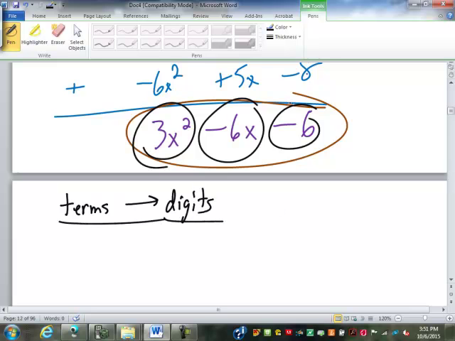Each of them has a degree. And the degree is the power of the variable, the power of the place value. For example, the 3x squared has a degree of 2.